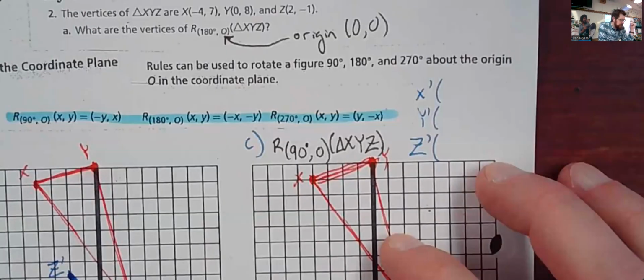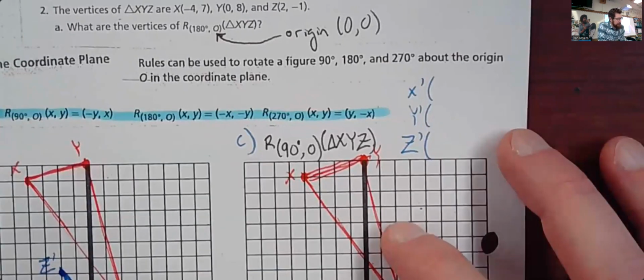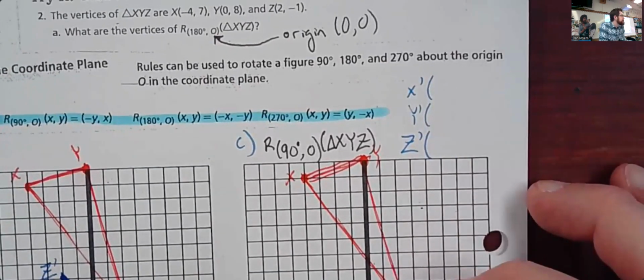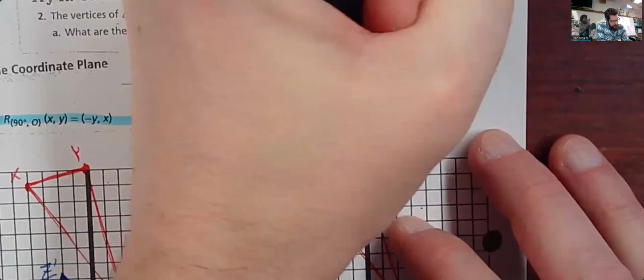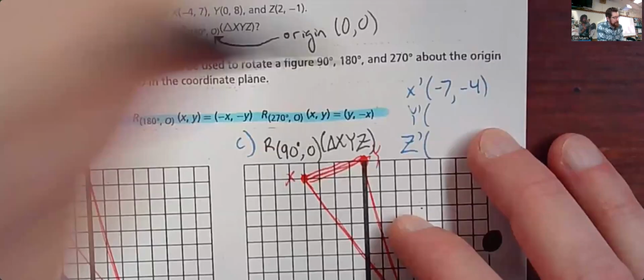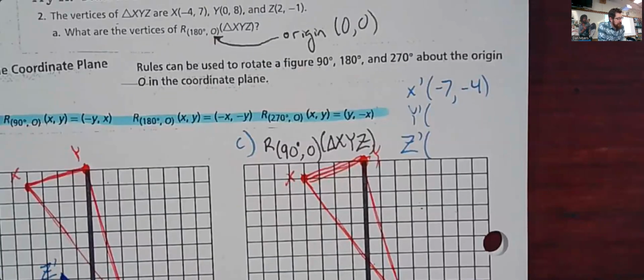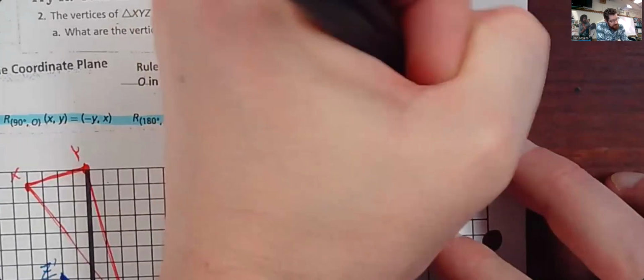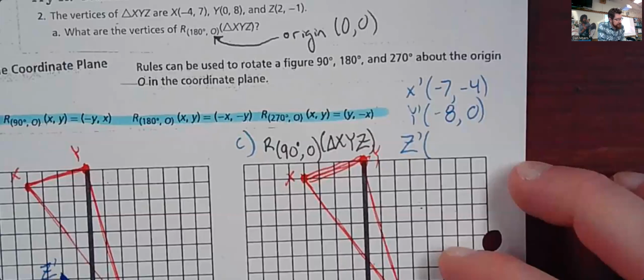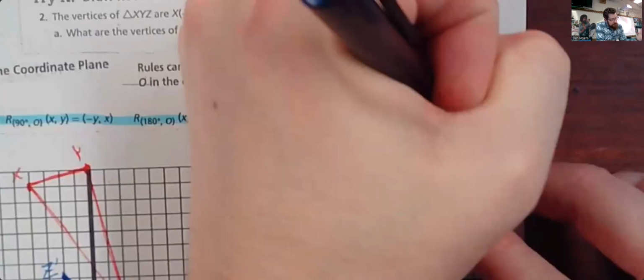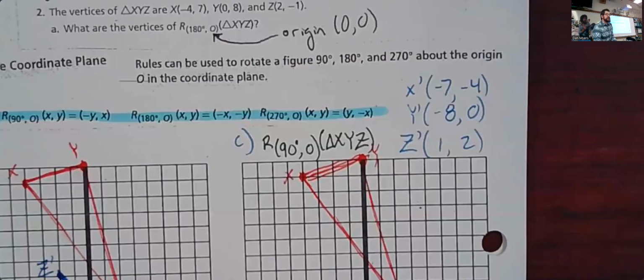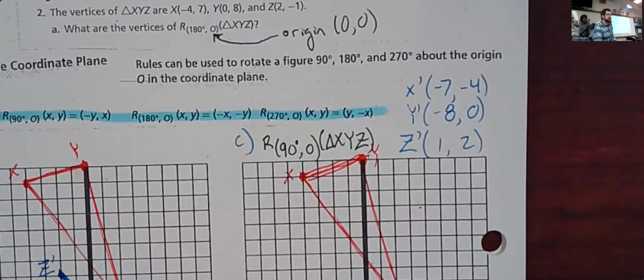Somebody tell me. -7, -4. Good. How about Y prime? -8, 0. Nice. And then Z prime. 1, 2. Yes. Awesome. So those are our coordinates for X prime, Y prime, Z prime.